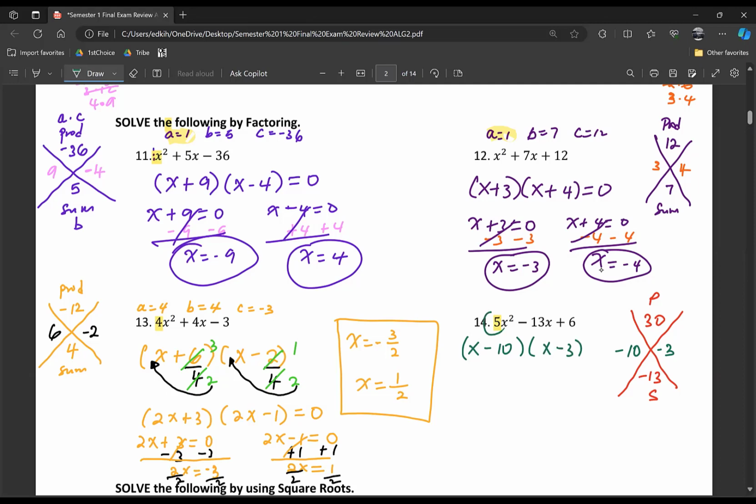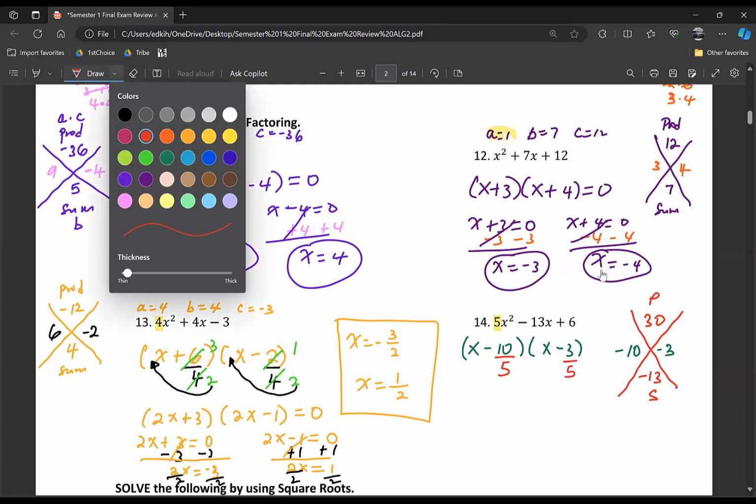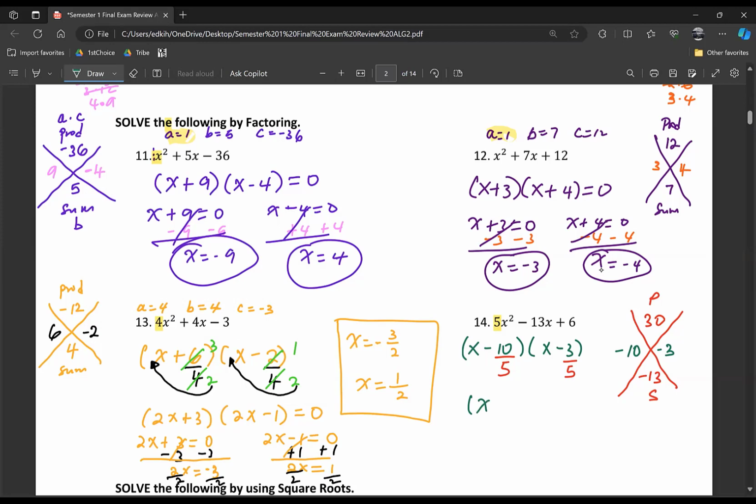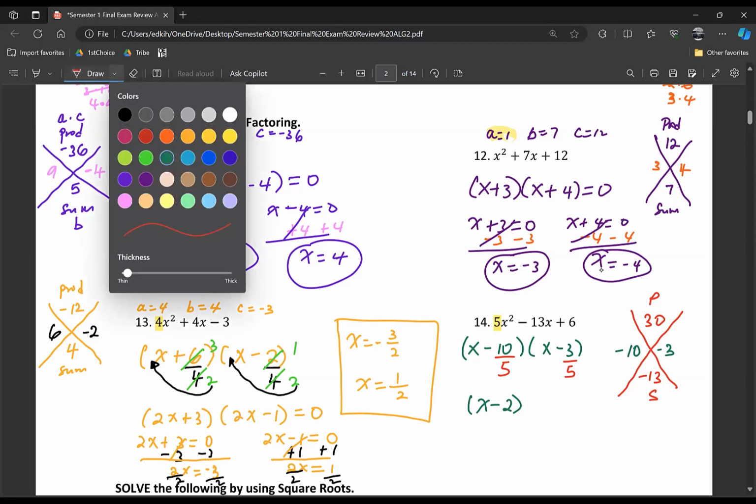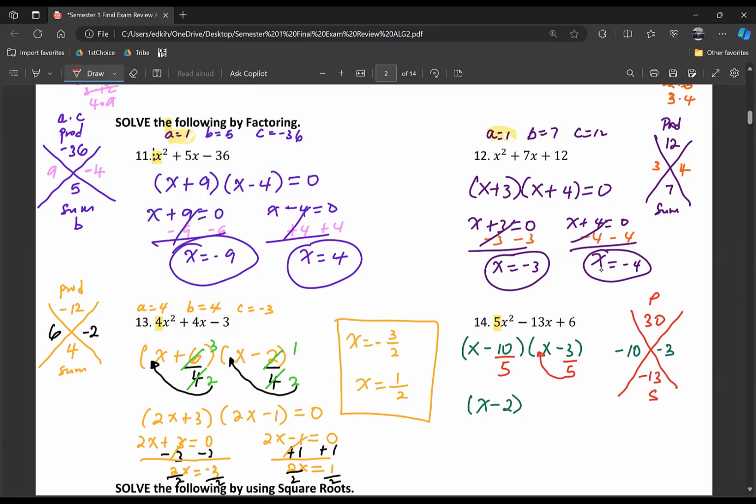However, remembering the leading coefficient is not a 1, this is the not so friendly version. We then come back and divide by that a value, which is a 5 here and here. We got lucky. This time, the 10 divided by 5 is divisible, so that's simply going to be x minus 2. The next one is not divisible, but remember, all you do is drag the denominator 5 and drop it right here.